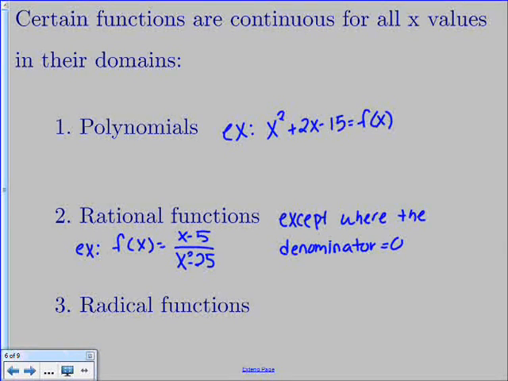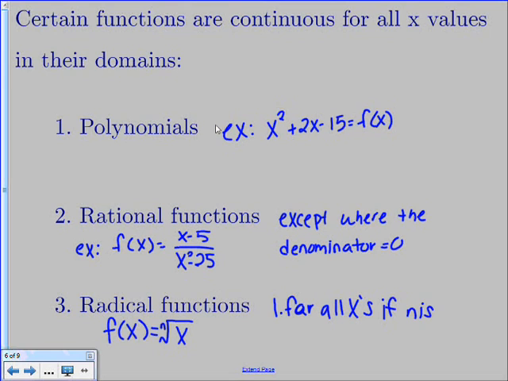And then we have our radical functions, which look like f of x equaling the nth root, rather, not just the square root of x. And these are continuous everywhere for two different cases. So it's continuous for all x values, for all x's, if n is odd. So if we have an odd power root, we're continuous for all x values.